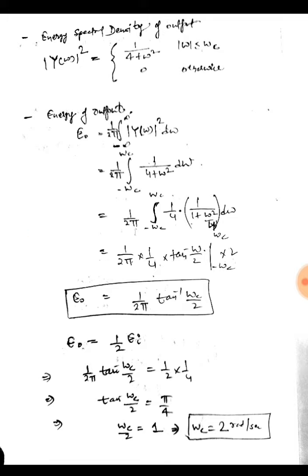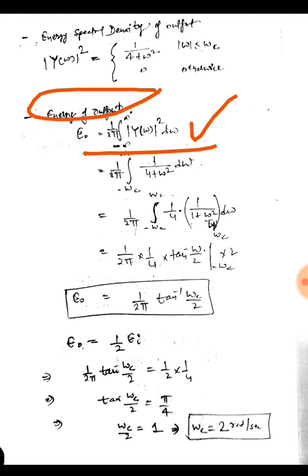Now energy of the output can be calculated using the formula 1 upon 2 pi times the integral from minus infinity to infinity of Y(omega) squared d omega, as it is spread across minus omega c to omega c. The energy would become 1 upon 2 pi times the integral from minus omega c to omega c of 1 upon (4 plus omega squared) d omega.